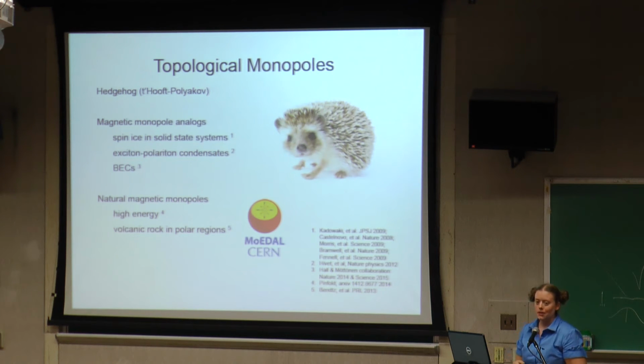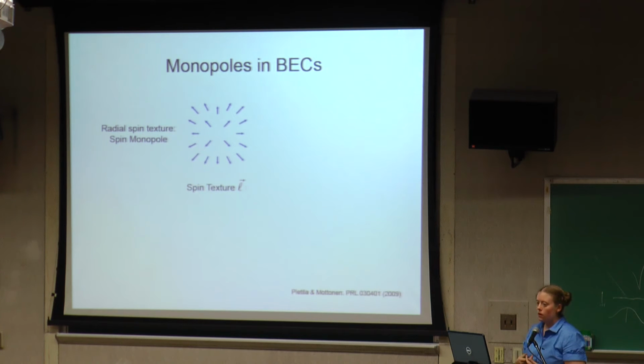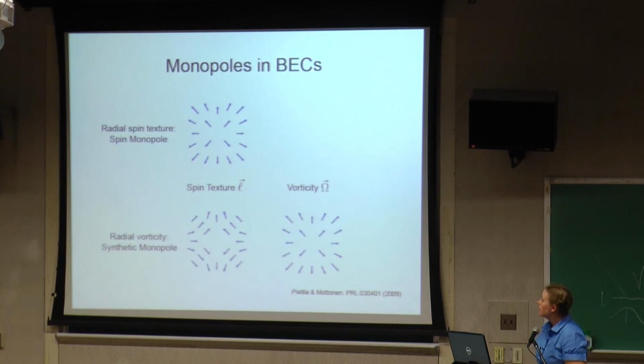So these are exciting things to try to create. And so coming from a singular optics background, I see a spin monopole in a BEC, a theory paper by this Finnish group, and of course it looks like something from singular optics.